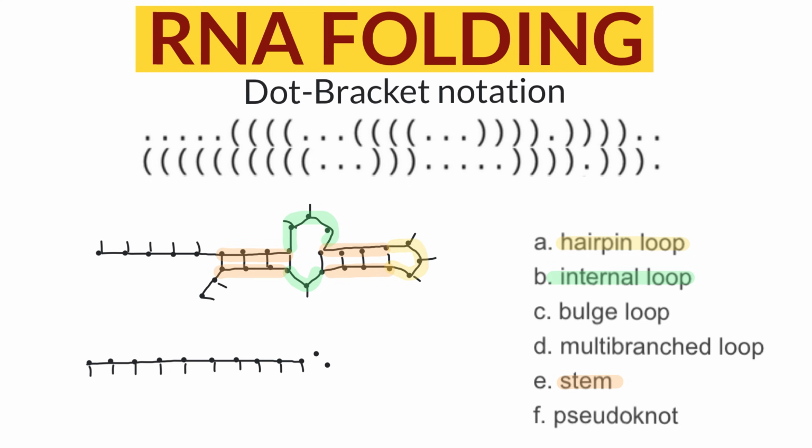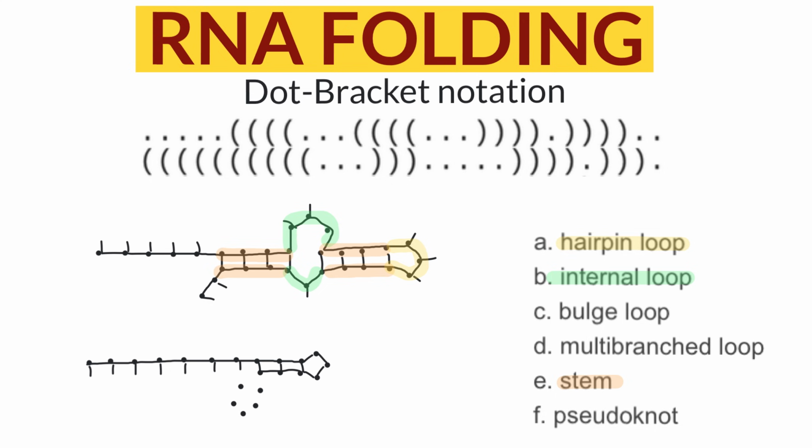1, 2, 3 unpaired nucleotides. Then 1, 2, 3 paired. Let me connect them. 1, 2, 3. Then goes 1, 2, 3, 4, 5 unpaired nucleotides. 1, 2, 3, 4, 5. Then 1, 2, 3, 4 paired nucleotides.